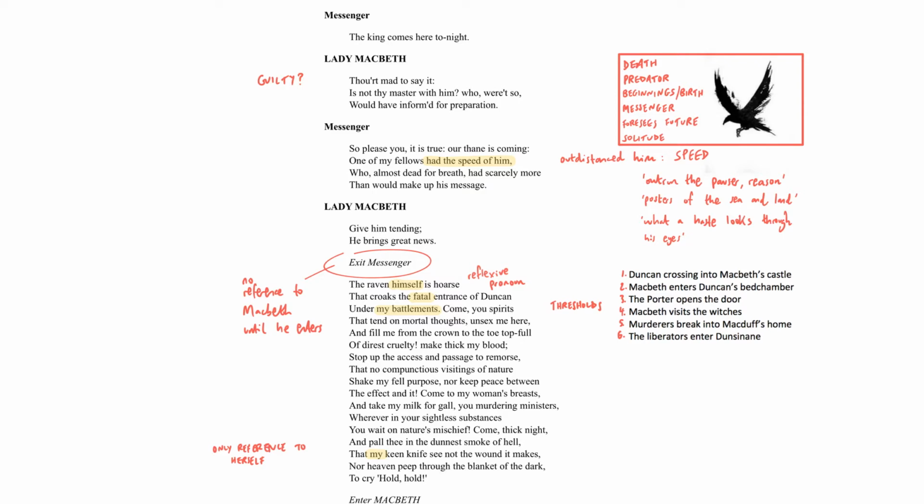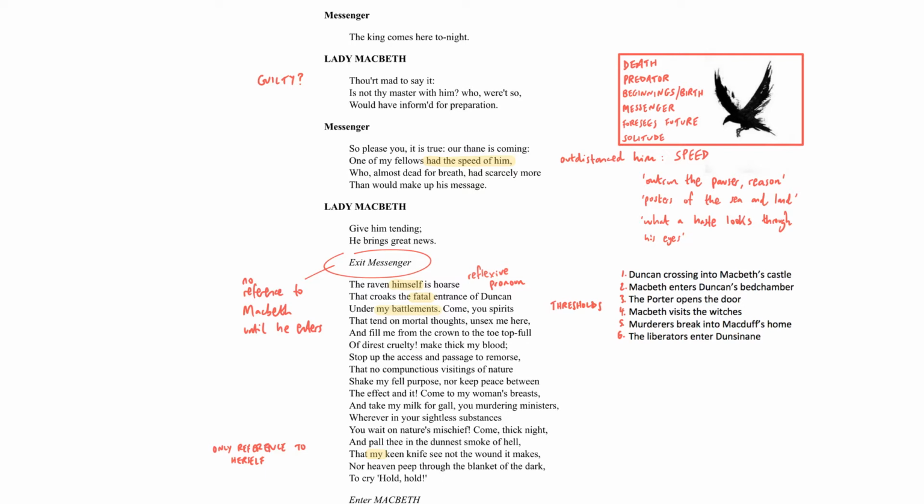Note that Lady Macbeth appeared on stage alone, and now, the messenger having departed, she's alone on stage again. And during this speech, she makes no reference to Macbeth, even though later he is the one who commits the murder. Now she's talking about herself, as if she is the one to do it.